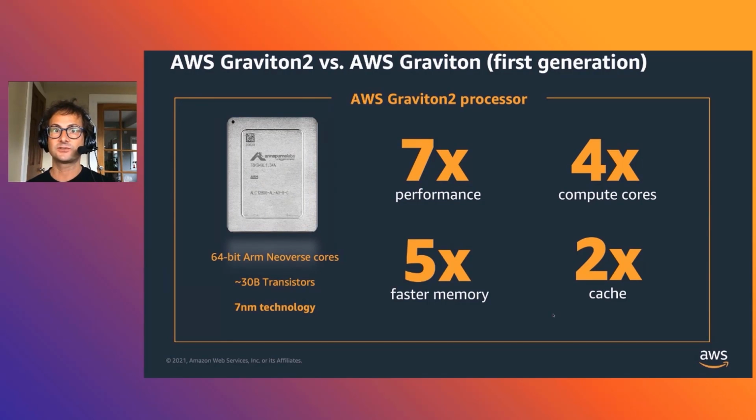It now has 4 times the number of cores, up to 64 cores on the Graviton2 processor. It has way faster memory and twice the amount of cache. In terms of manufacturing technology, we moved from 16 nanometer to 7 nanometer. And we managed to put 30 billion transistors on that massive chip.